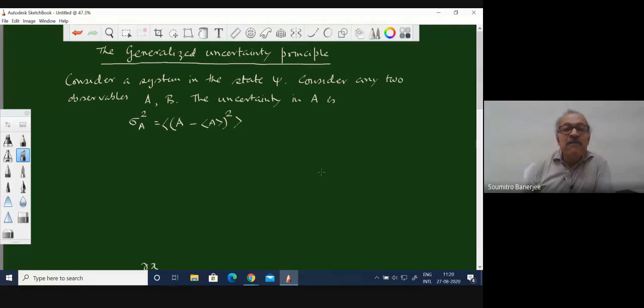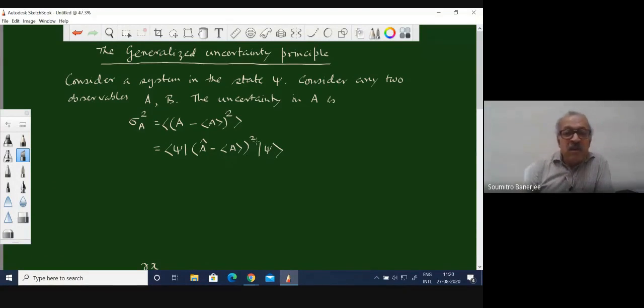Now, if we have this, then we'll know that any value can be obtained from the sandwich integral. So we'll write in the bracket notation psi, A minus the expectation value of A, then this operator squared, psi.